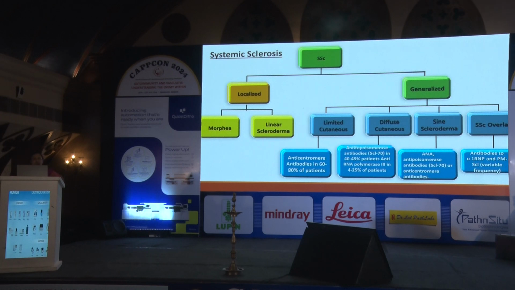Now coming to the generalized one, if it is limited cutaneous, then the anti-centromere antibody CENP-B will be present in 60 to 80% of patients. If it is diffuse, then anti-topoisomerase antibody or SCL70 will be present, or RNA polymerase 3 may be present in 4 to 25% of patients. If it is scleroderma, same SCL70 will be present with anti-centromere CENP-B, A or B, and if it is an overlap, there will be the presence of U1 RNP.